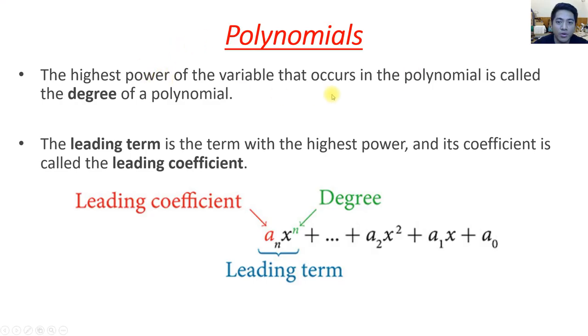The highest power of the variable that occurs in the polynomial is called the degree of the polynomial.